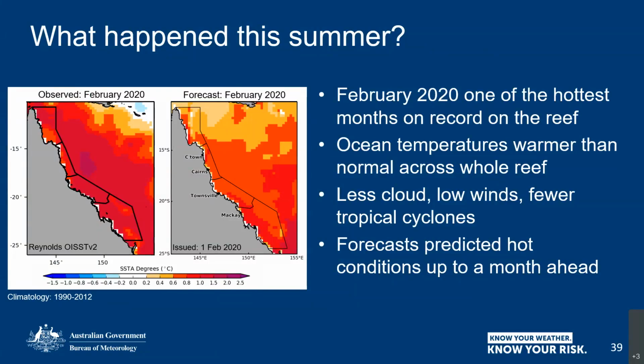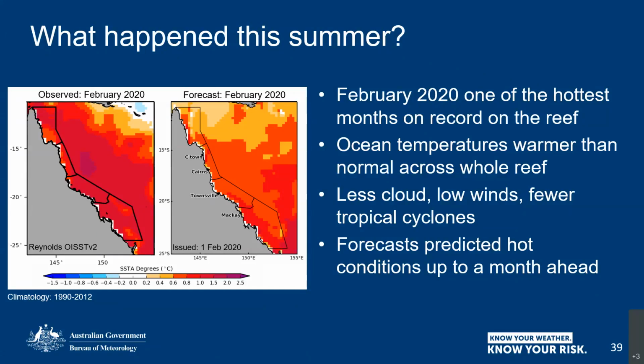This year was different to 2016 and 2017 in that the ocean temperatures were warmer than normal across the entire reef. It was an ENSO neutral year, so there was no El Niño, no La Niña. But what led to the warm temperatures was basically less cloud, low wind, and very few tropical cyclones.